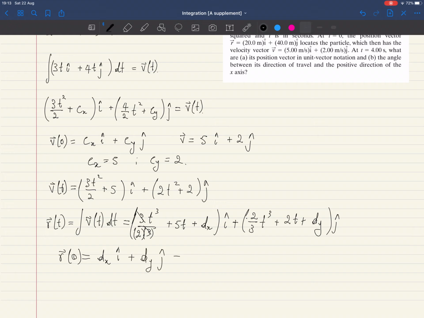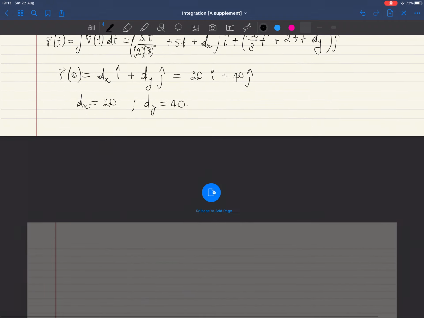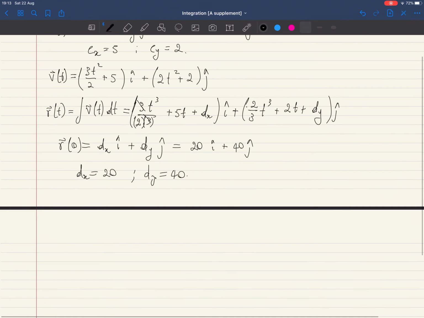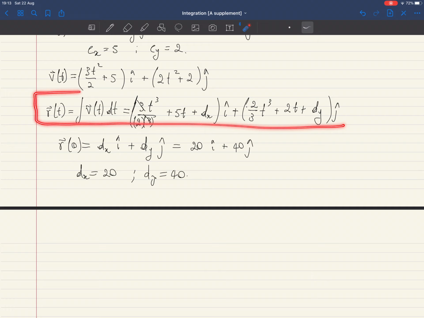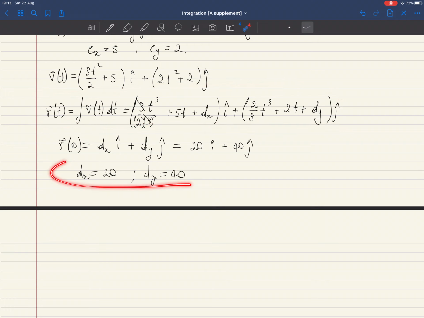But remember, this must be equal to what they have given us there. 20 i hat and 40 j hat. What we learned therefore is that dx must be equal to 20 and dy must be equal to 40. Effectively then, let me put in some space. What that means for our position function, which we obtained over there, means we can substitute this information here.